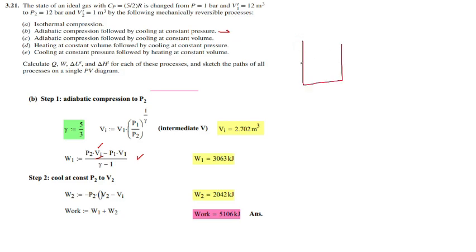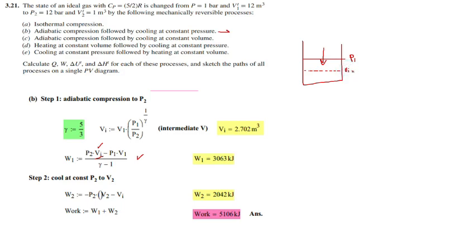Let's say you have a gas and you compress it adiabatically, and it reaches some intermediate state, and then you cool it at constant pressure. For example, in the first state you had the pressure P1, and you compress this gas adiabatically, keeping Q equal to 0, and when you reach this intermediate state, the volume becomes Vi.